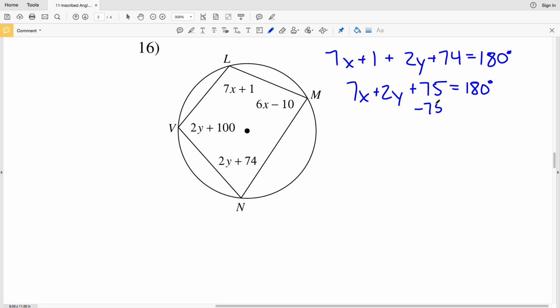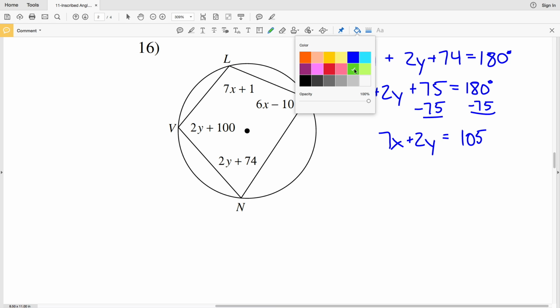And when I subtract 75 from both sides, I'll get 7x plus 2y equal to 180 minus 75, which is 105.